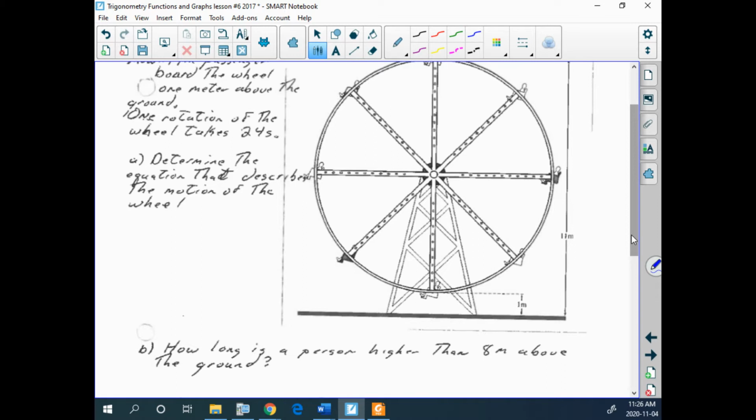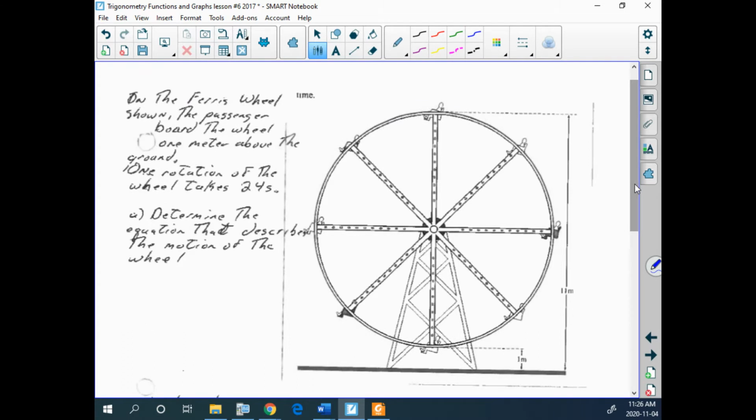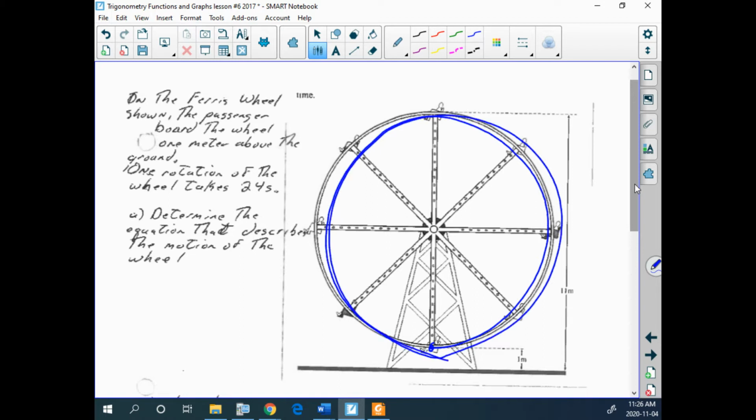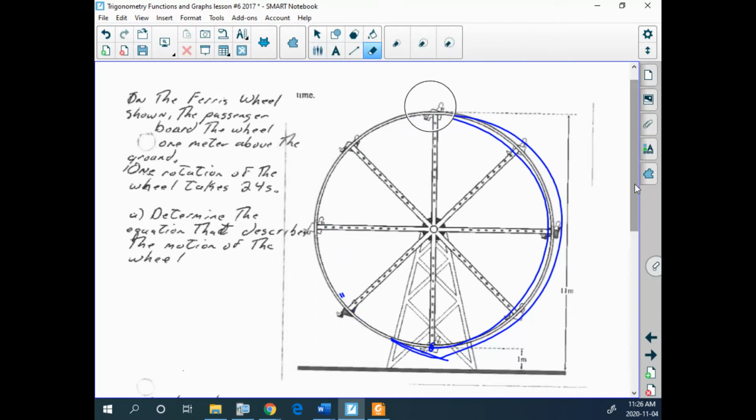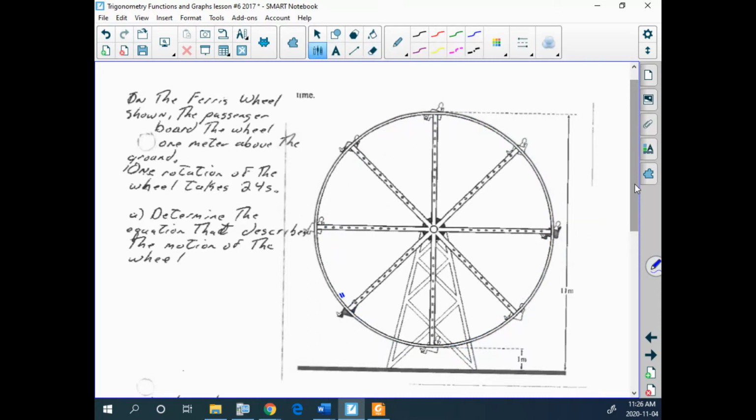We have a Ferris wheel. Now this is an example of cyclic motion, because a person starts here, comes back down, goes around, and so forth. So the person's position on the Ferris wheel is a good example of a sinusoidal function.